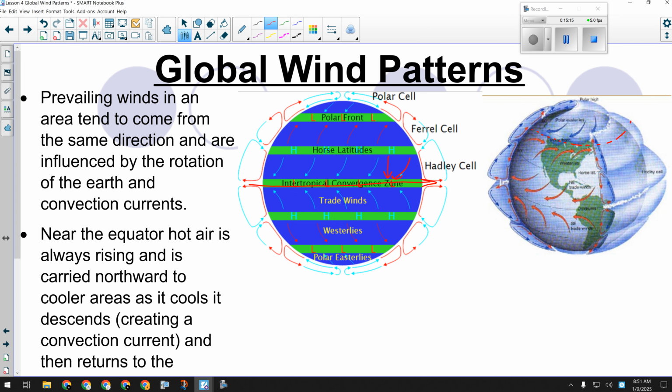Okay? These winds were actually used to have trade between Europe and the New World. That's why they're called the trade winds.